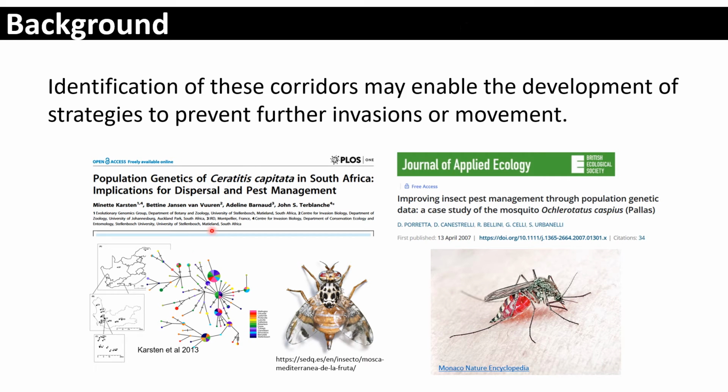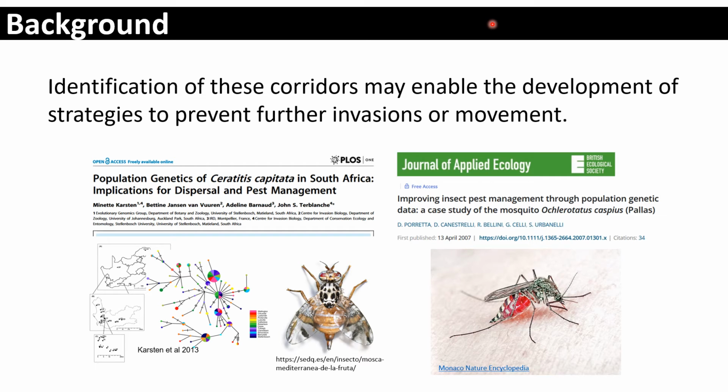The one on the right is about an invasive Mediterranean fruit fly in South Africa, and the one on the left is about a mosquito population in northern Italy. They have used what they found through population genetics to improve insect management plans more effectively than ever before.